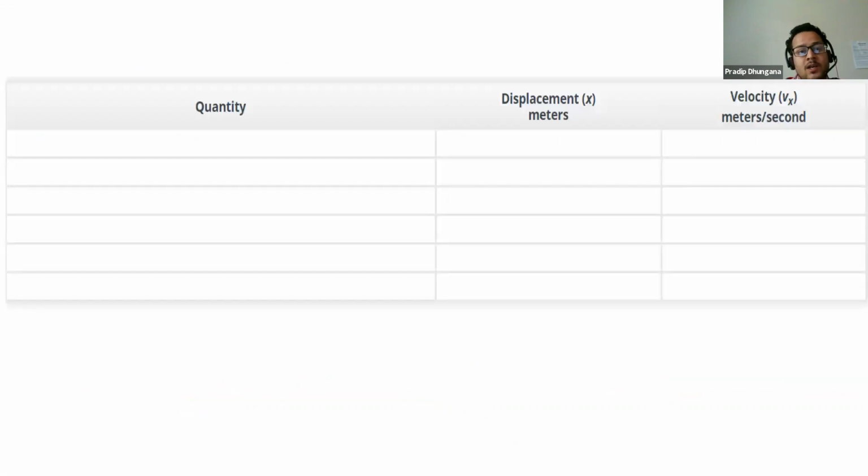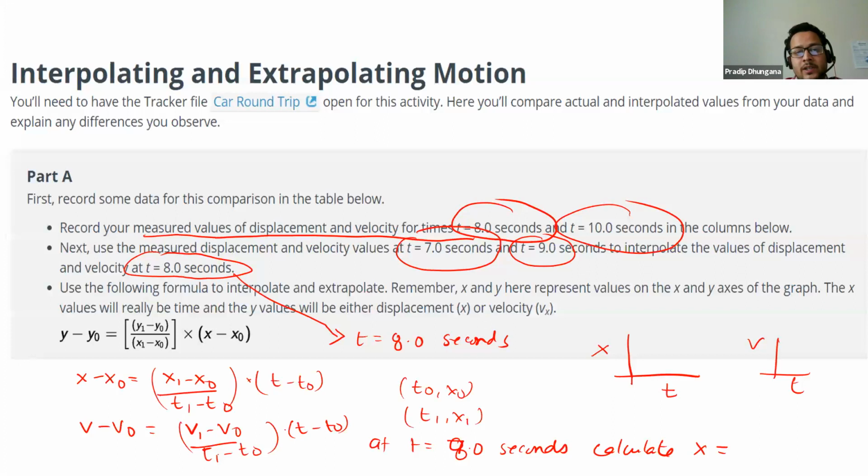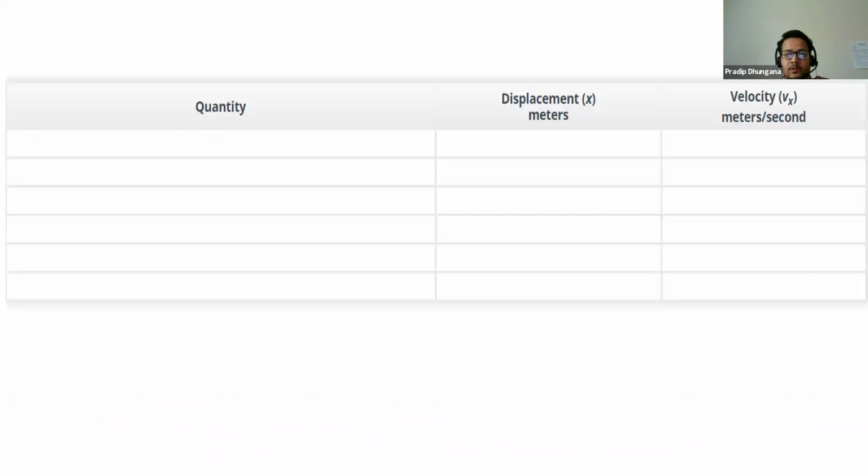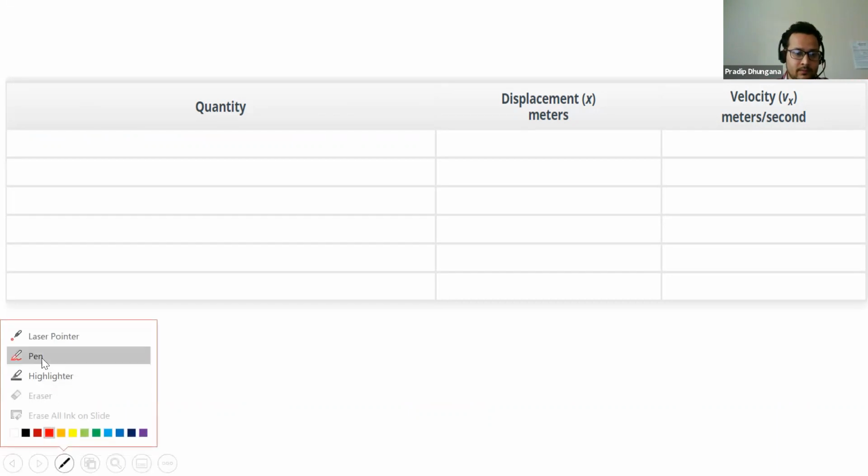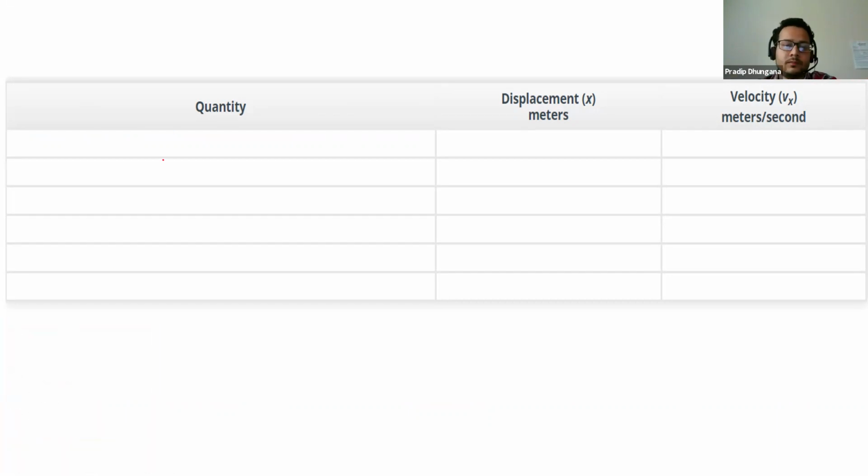Okay, here now you have quantity, displacement, and velocity. So we are using time 7, 8, 9, and 10 seconds. So let's do like that. T is equal to, I'll write 7 seconds. T is equal to 8 seconds.